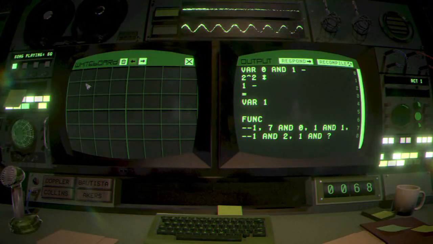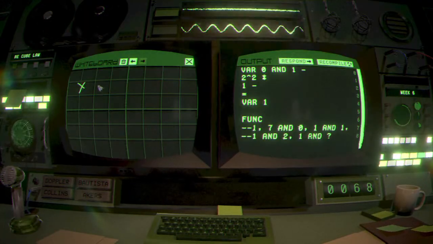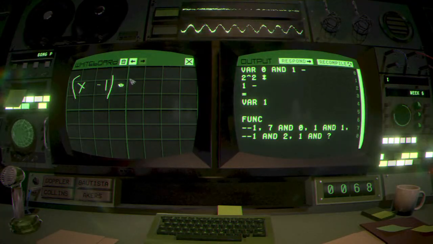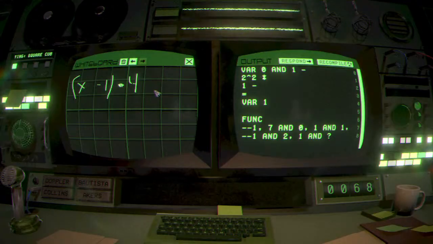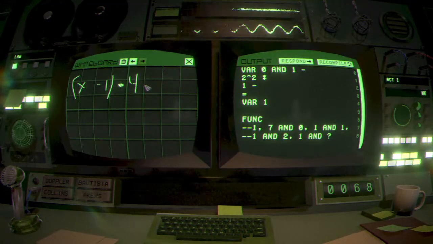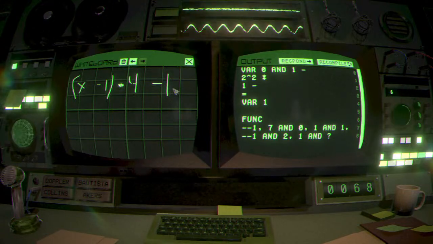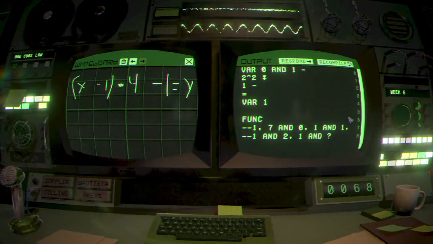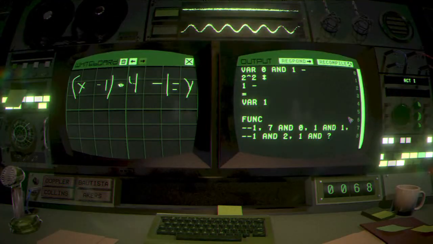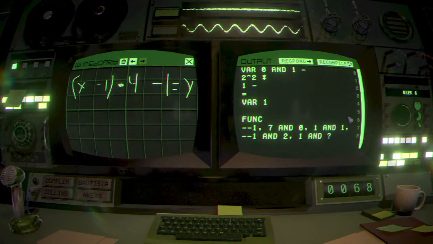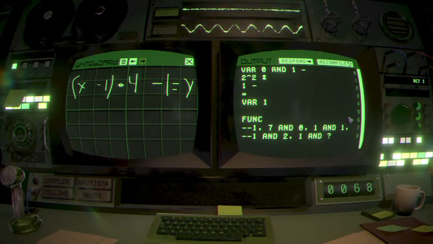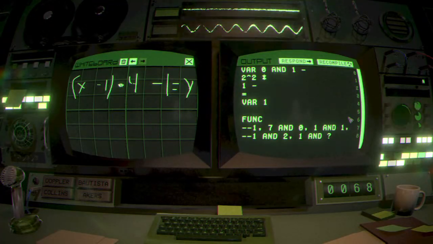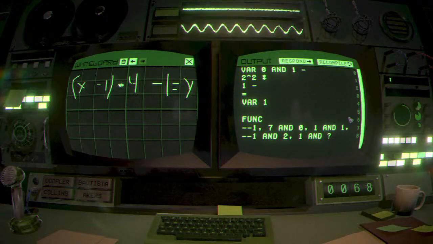So x minus 1 times 4 minus 1 equals y. So if I input -1, so -1 becomes -1 minus 1 is -2 times... I am still looking at it wrong.